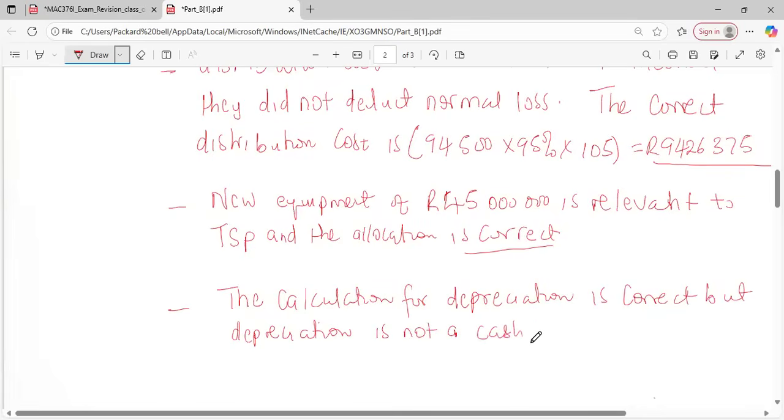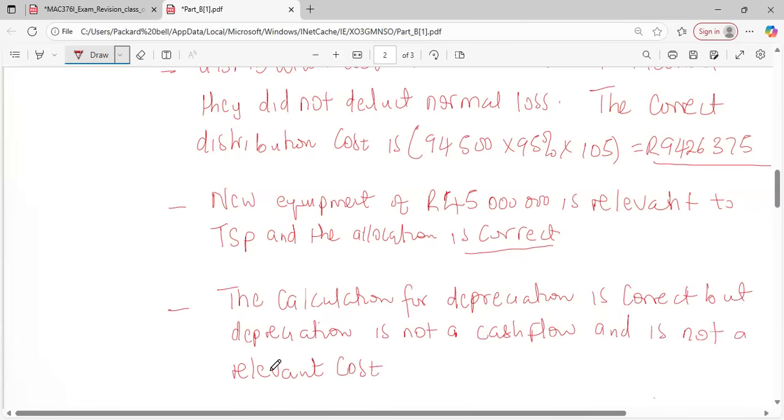That's the word that I wanted you guys to put. It's not a cash flow and is not relevant. It's not a relevant cost. It's not a cash flow, depreciation.